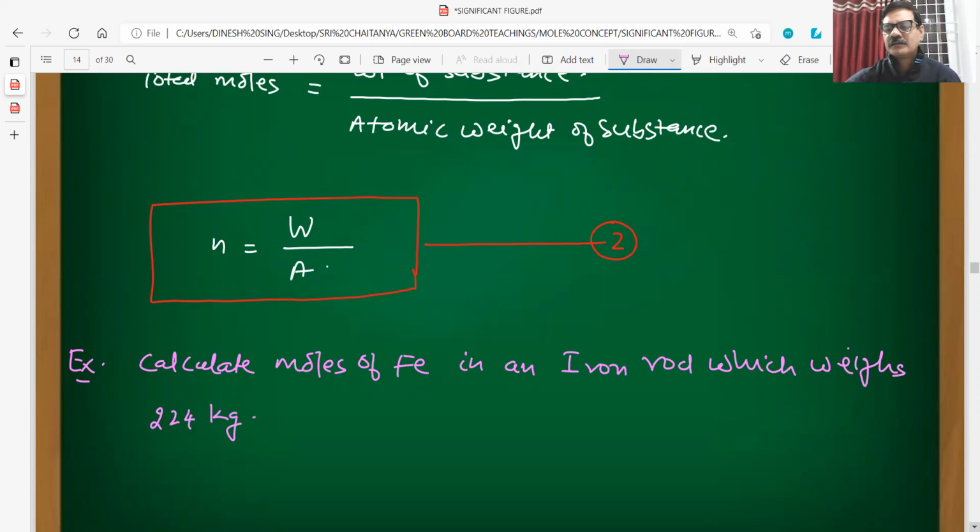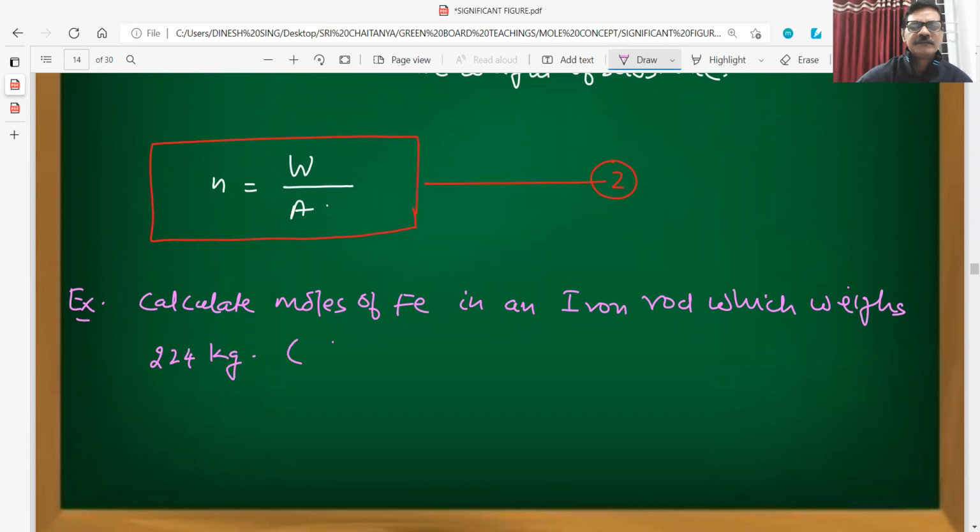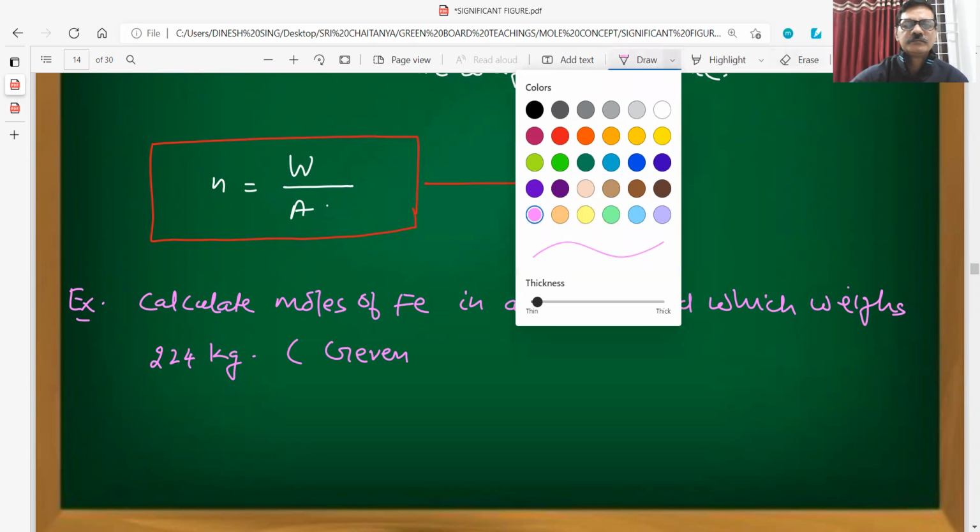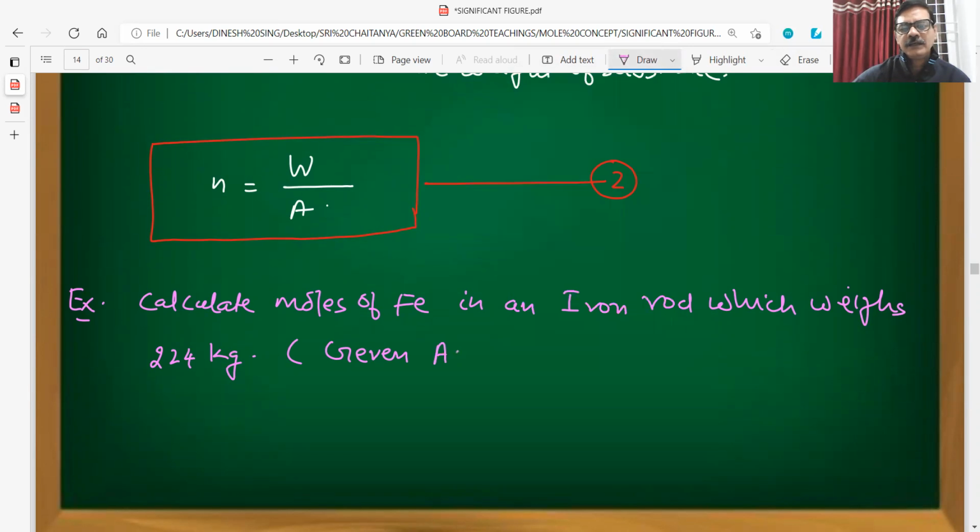In this, we have to calculate given the atomic mass of iron, that is, A of iron is given as 56 gram per mole. This is the given quantity.